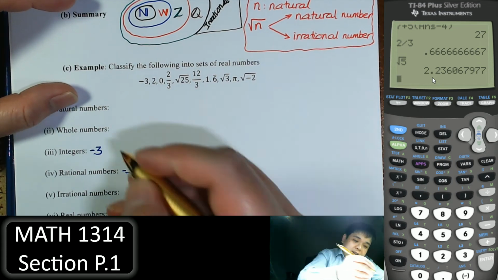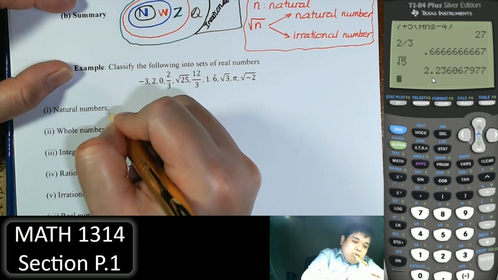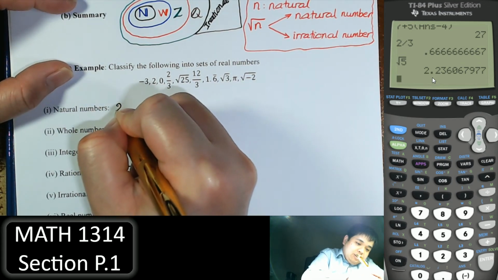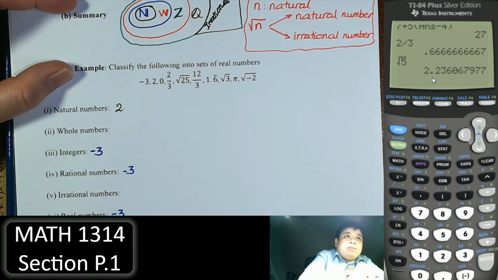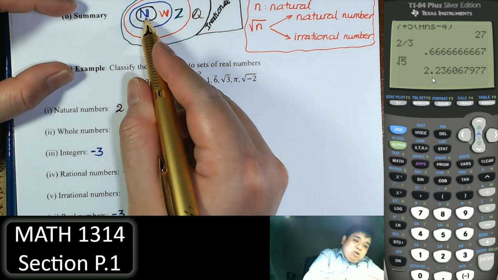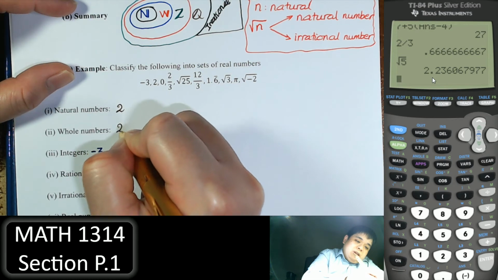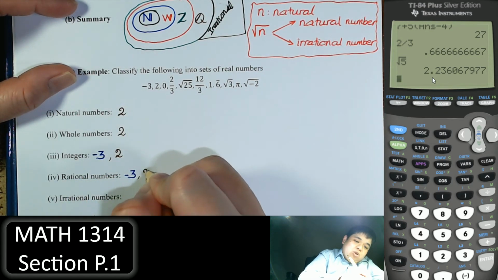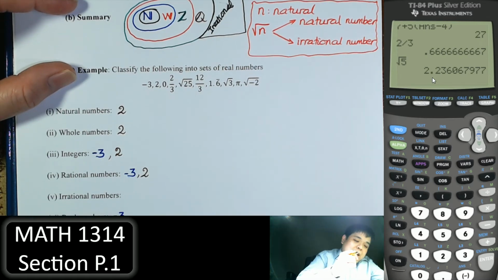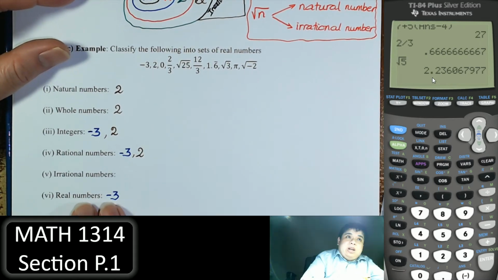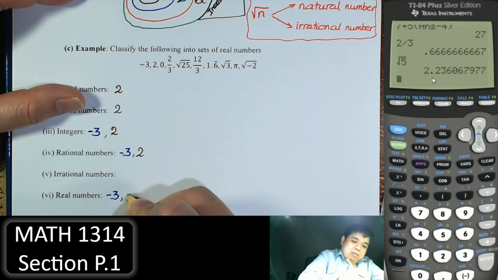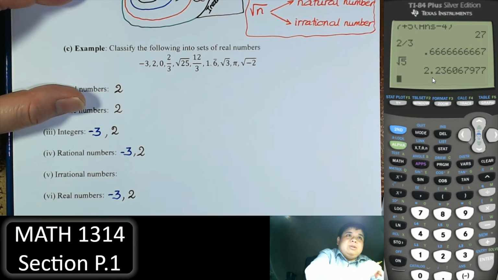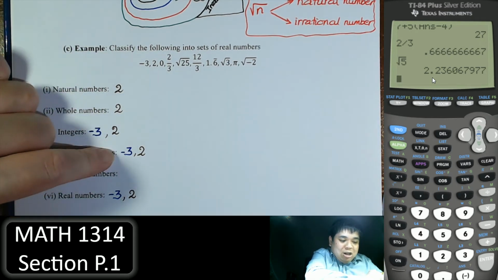Right, next. 2. 2 is a natural number. And if it is a natural number, it has to be a whole number. It has to be an integer. It has to be rational, like 2/1. If it is rational, it cannot be irrational, but it can be real. I said it can be either rational or irrational.